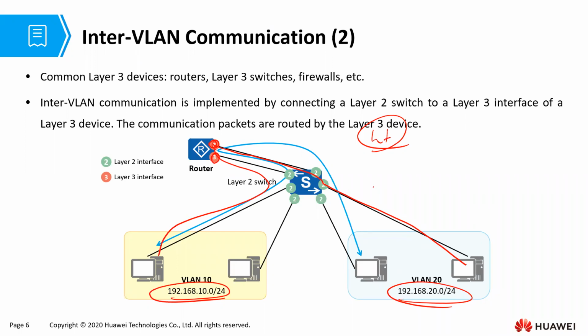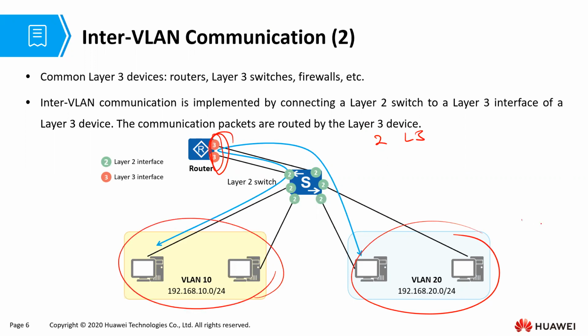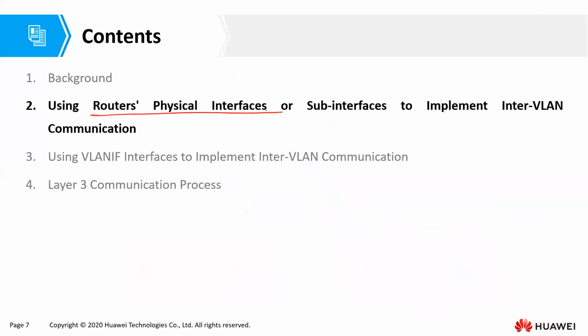Now, as I said, the number of layer 3 interfaces we need is the same as the number of VLANs we have. In this case, we have 2 VLANs, so we have to have 2 layer 3 interfaces. Those can be physical interfaces of a router.